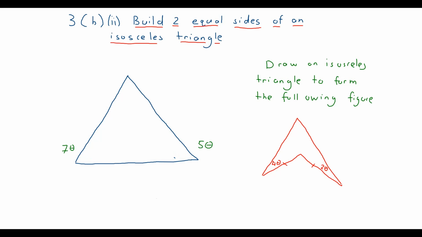Now what I want to do is make an isosceles triangle, so I'm going to draw it from here to here. This one's not going to be very to scale, and that's okay, you get the idea. So this isosceles triangle is going to be here and here.